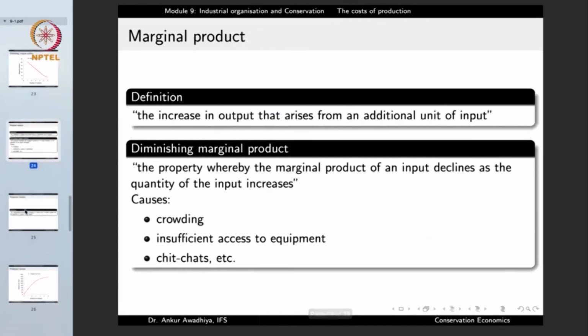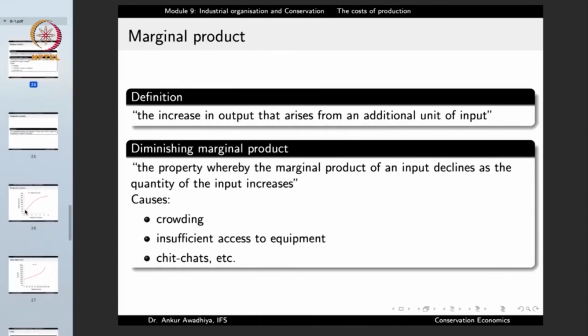There are several reasons for this. One is that there can be crowding in the factory. Earlier, each worker was getting sufficient space to work, but now, because of overcrowding, people are not getting sufficient space to move. That would reduce the efficiency of every worker.